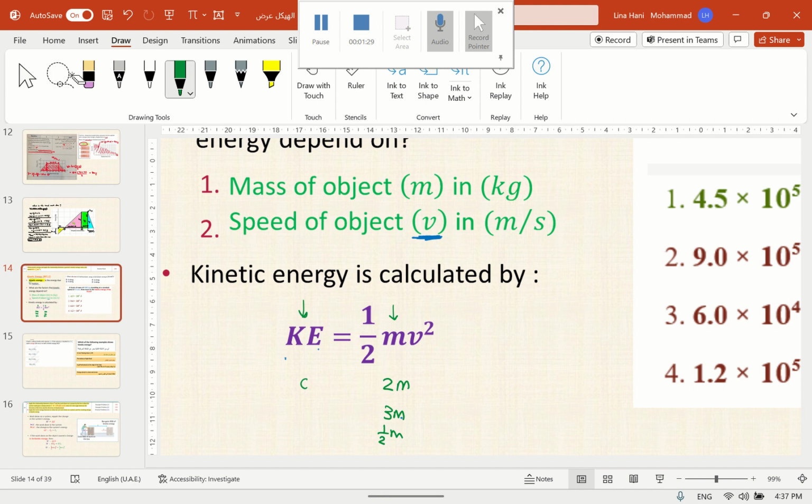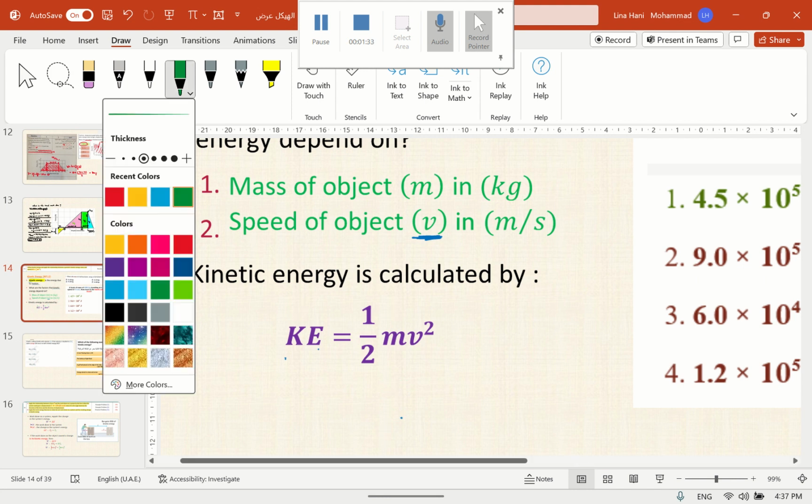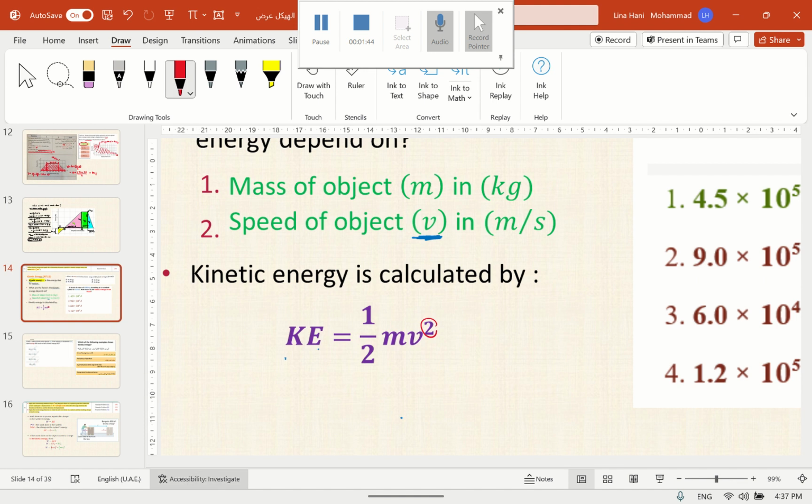But the relationship between the velocity and the kinetic energy is directly proportional to the square of the velocity. That means if the velocity increases, then the kinetic energy increases by the square of that amount.